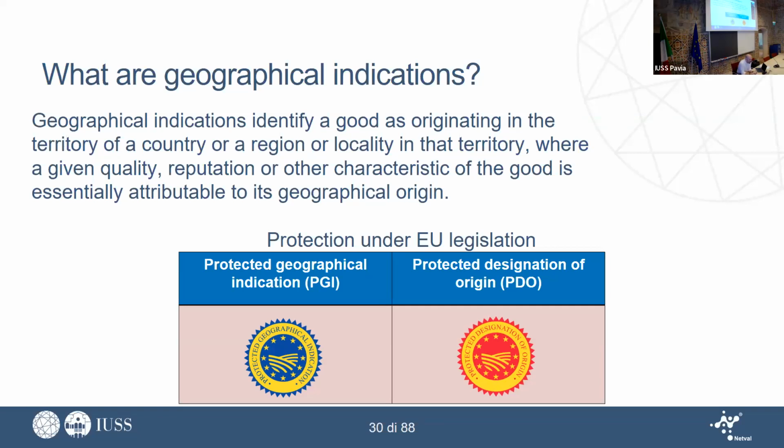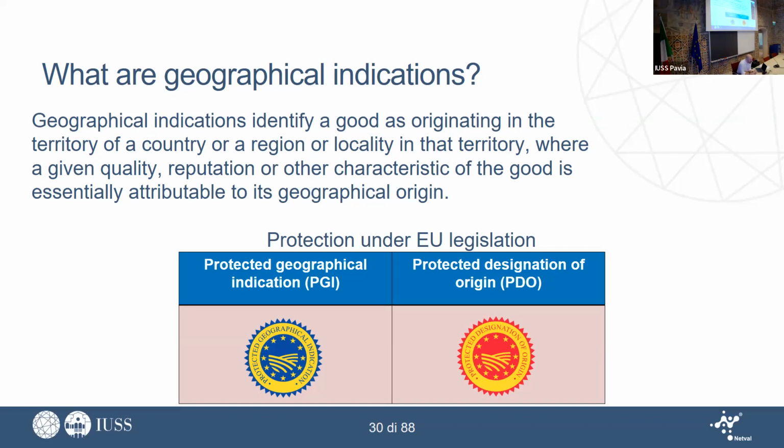In Europe, we have a distinction between protected geographical indication, PGIs, in Italy, IGP, and protected designation of origin, PDO, or in Italy, DOP.